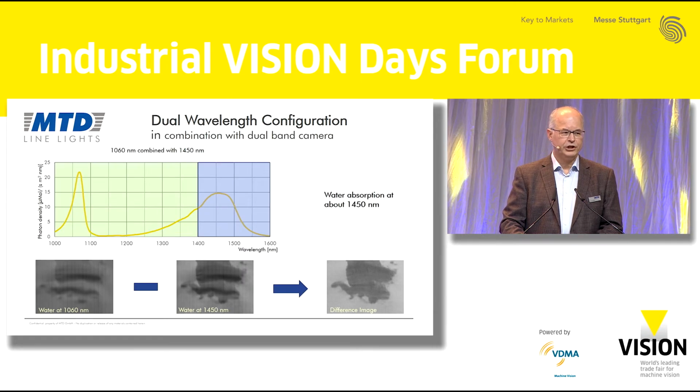In combination with dual band cameras, you will get 2 image channels. In this example, you see in each image channel some shadowing coming from the sample. But in the difference image, you see really clearly, with fine contrast, the water.